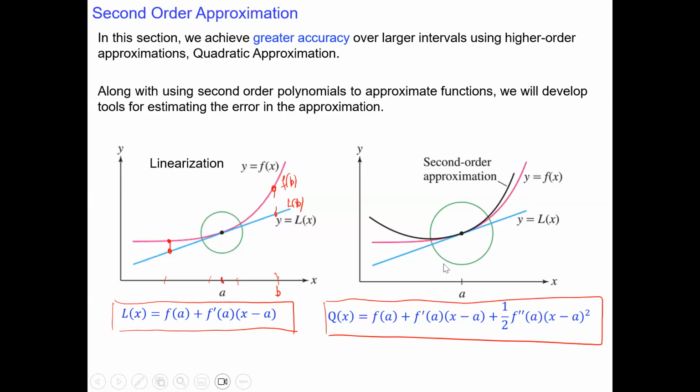Let's look at how we can use the linearization and definitely the quadratic approximation. I pick the function cosine of x, and let's find out how the linear approximation and the quadratic approximation look at 0. What are the formulas? Let's start with the linearization.